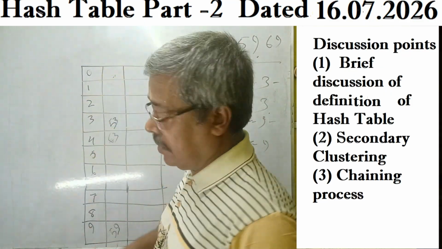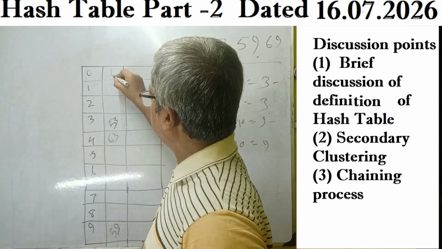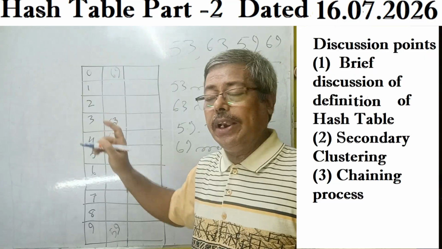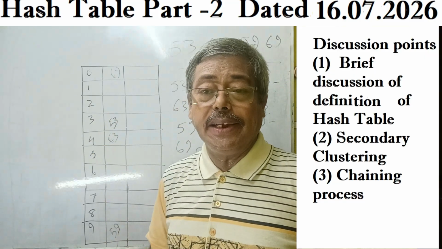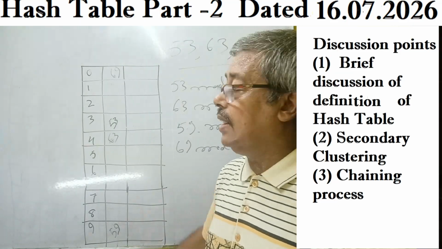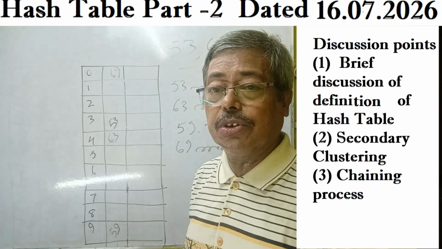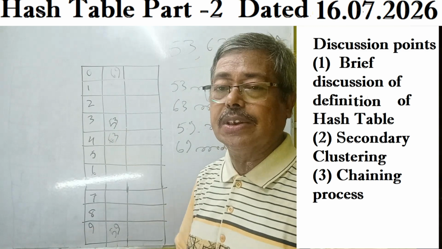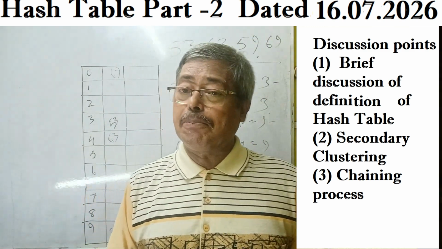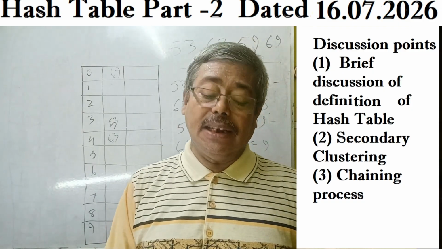The remainder is 9, so it should go to index number 9, but it is not possible because 9 is already filled. Then it goes to slot 0. In this way, the data will be shifted. It is called linear probing. It solved the primary clustering.